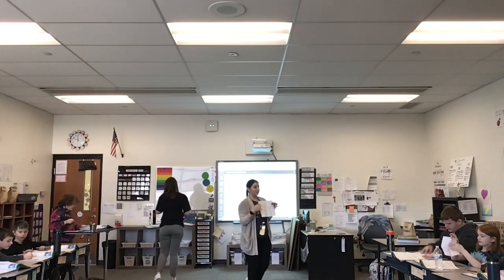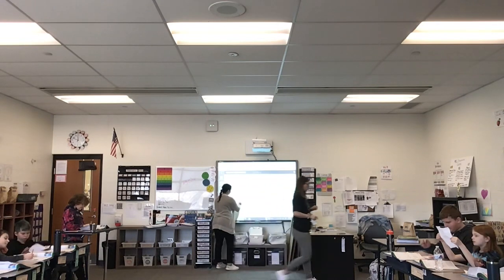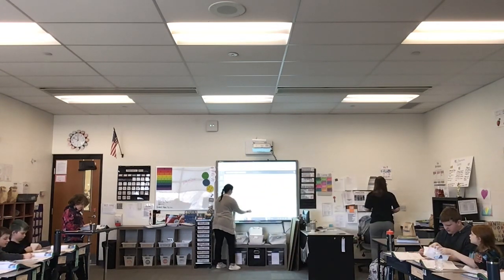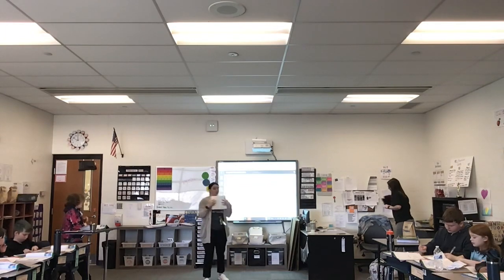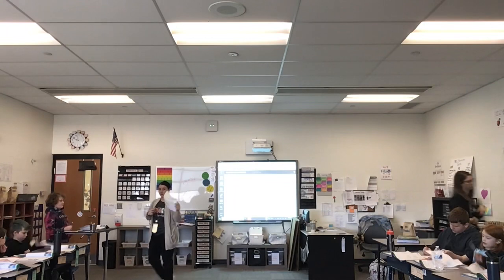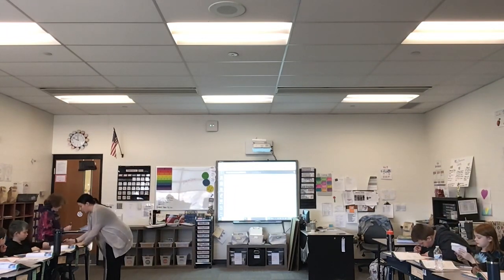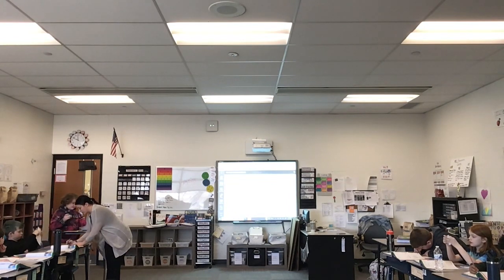Drew? Right, my unit fraction is going to be 1/8. So I would write 1/8 right here. Okay? So, write 1/8 on each of the 8s. So, now I'm going to take my pen again, right? And I'm going to write 1/8 in each of my 8 little squares.